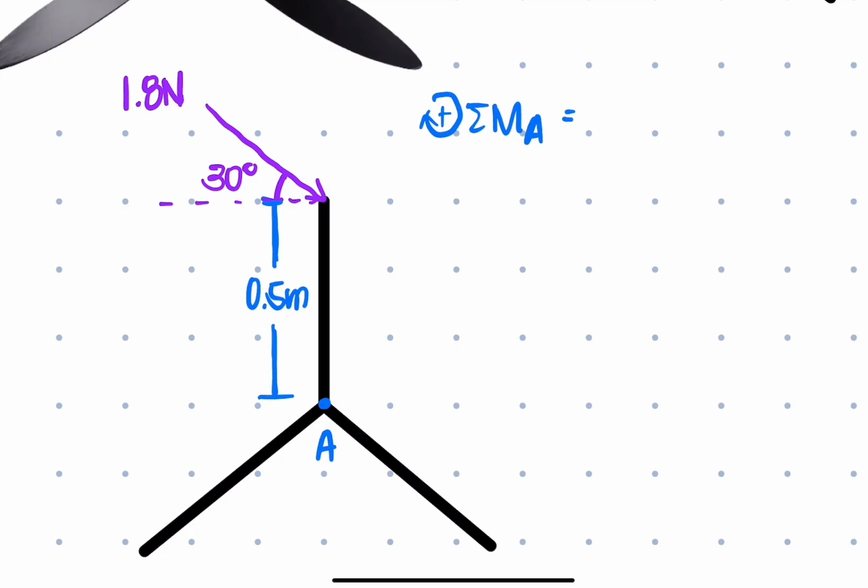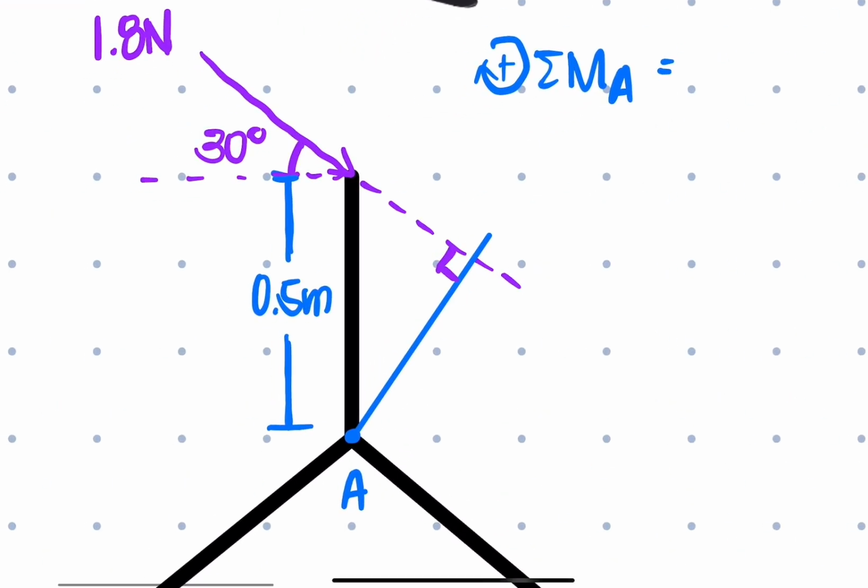Para makuha natin yung moment arm, kailangan nating i-extend yung line of action nung force na ina-apply. And then, magdodraw tayo ng line from the axis of rotation to the line of action of the force. That way, ma-maintain natin yung perpendicular distance.